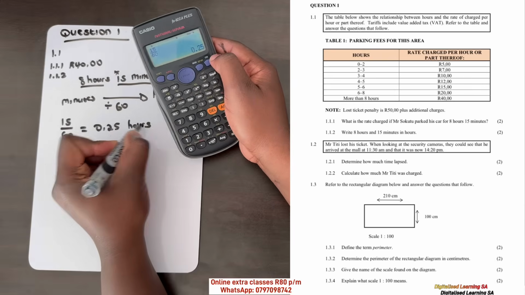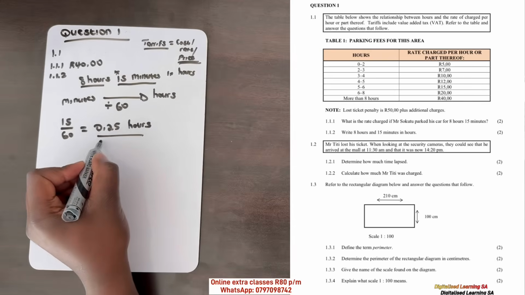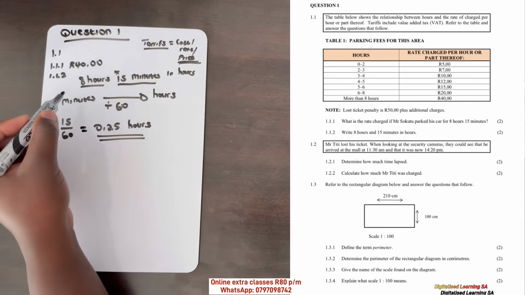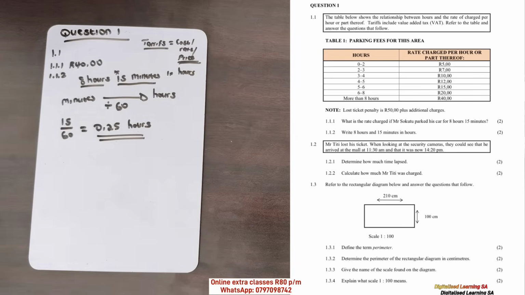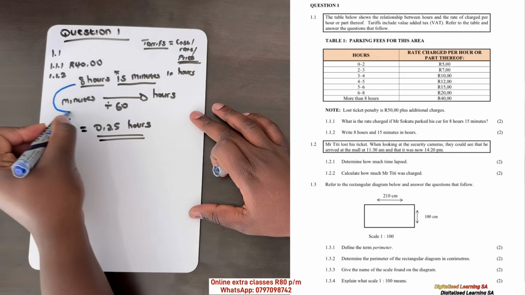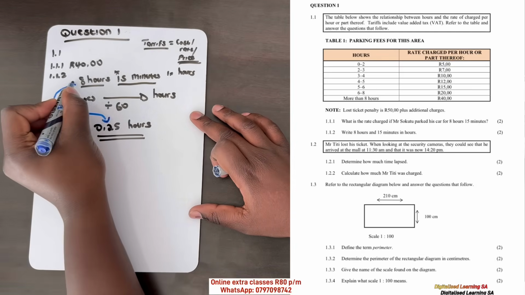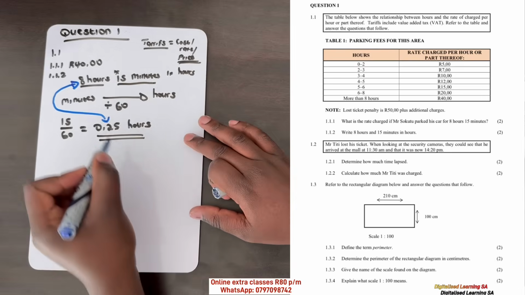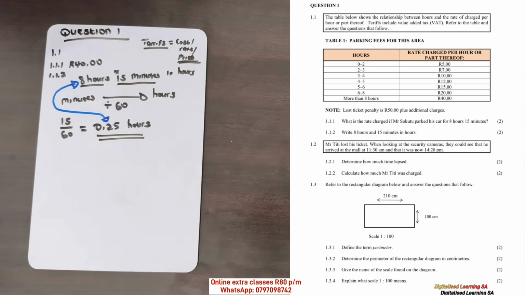So now we can just add the 8 hours and the 0.25 hours. We are going to add the two because they are both in hours.